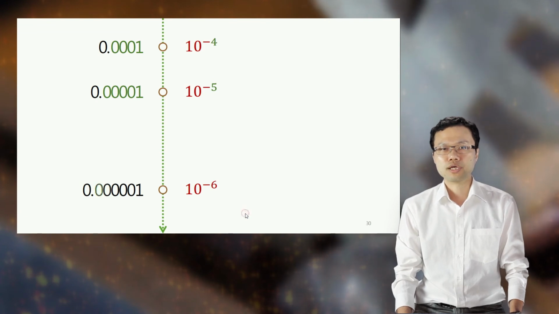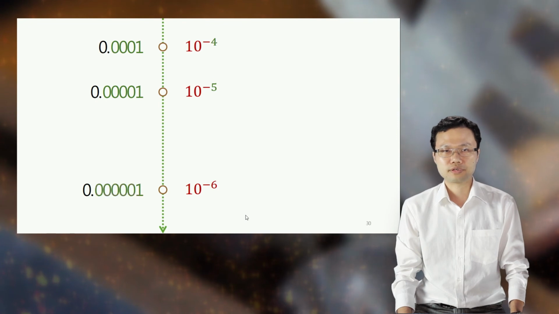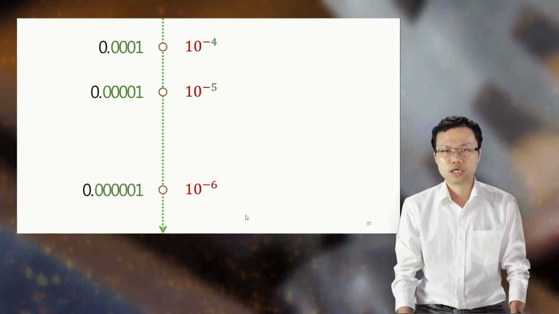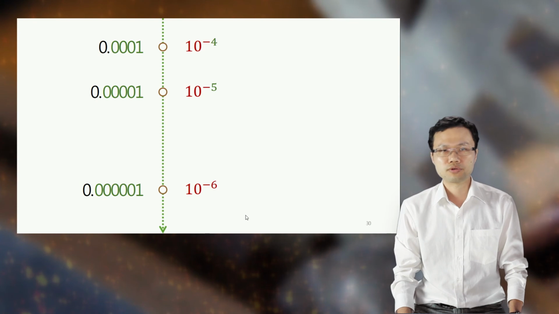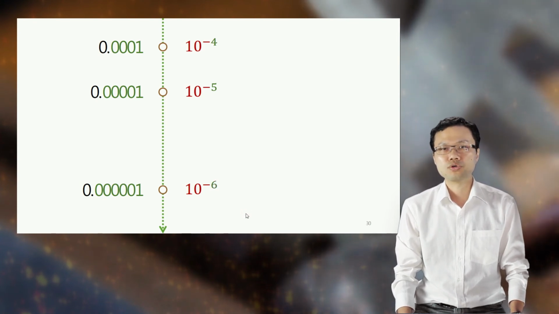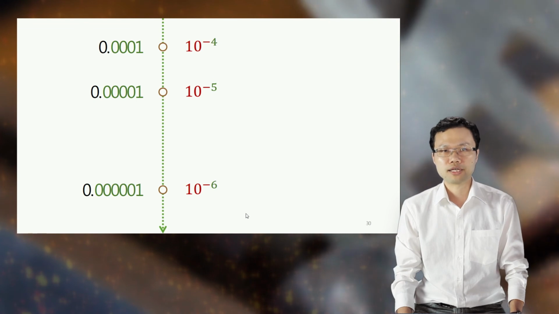So, we have 10 to the power of minus 5. Similarly, 1 is sitting in the 6th digit after the decimal point for 0.000001. So it is written as 10 to the power of minus 6.